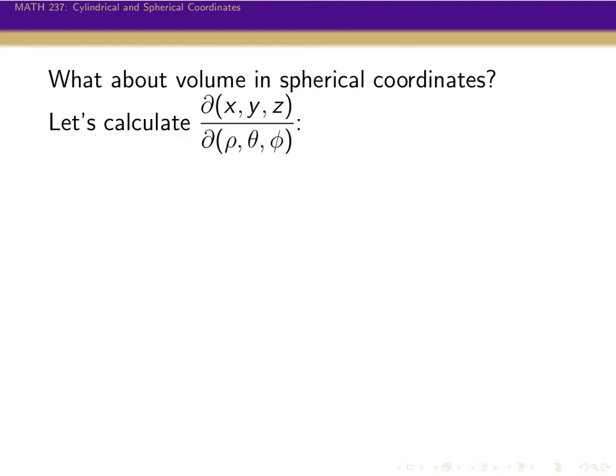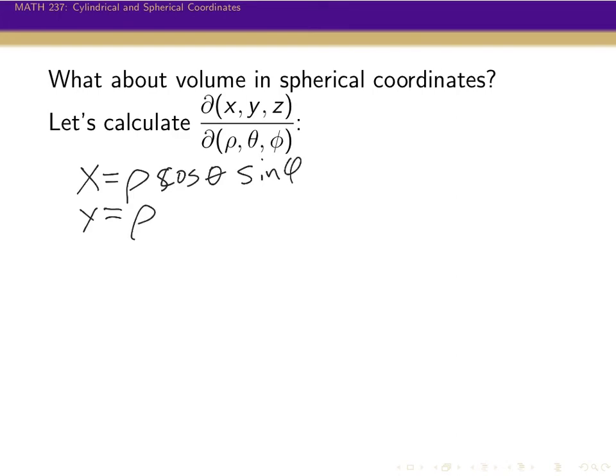Remember, the Jacobian in 2 variables was the determinant of a 2 by 2 matrix. So the Jacobian in 3 variables is going to be a 3 by 3 matrix. Okay, and so we need to know what each of these are. So x is rho cosine theta sine phi.